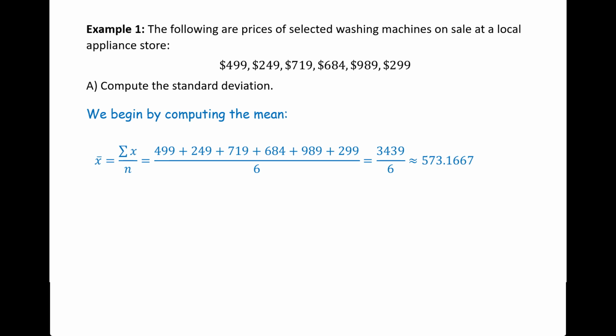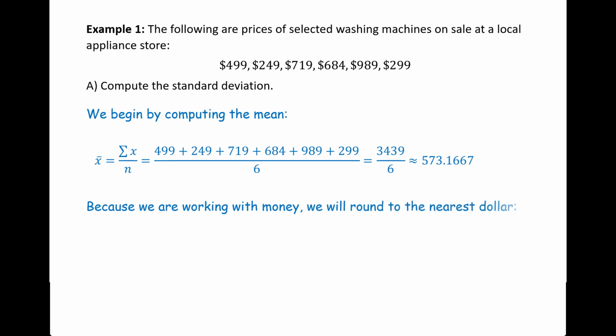The sum is 3,439. We divide that by 6, and that quotient is approximately 573.1667. Because we're working with money, let's round to the nearest dollar and use $573 for the mean price of these selected washing machines.